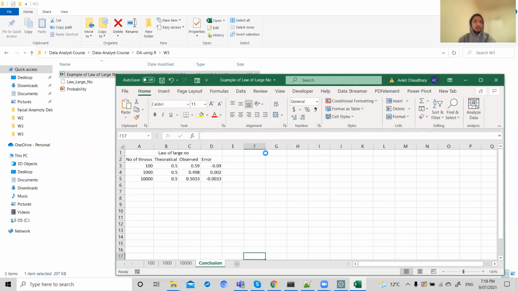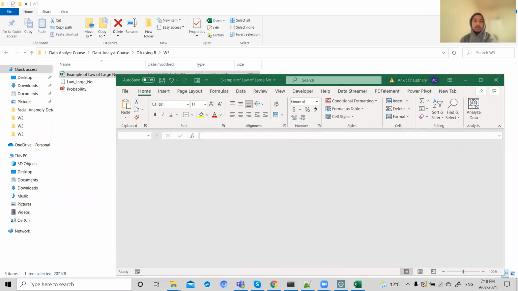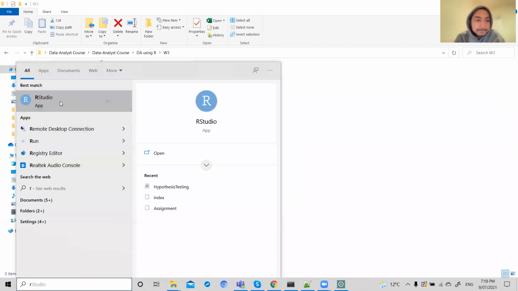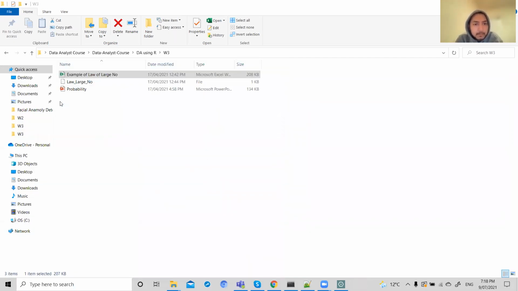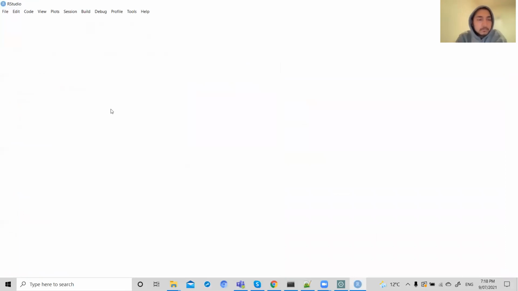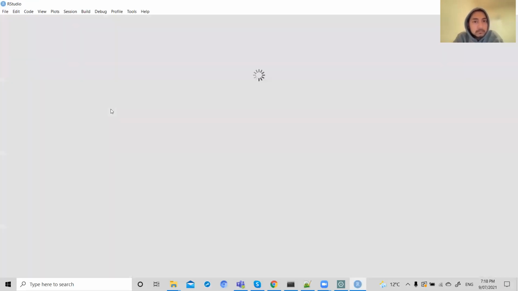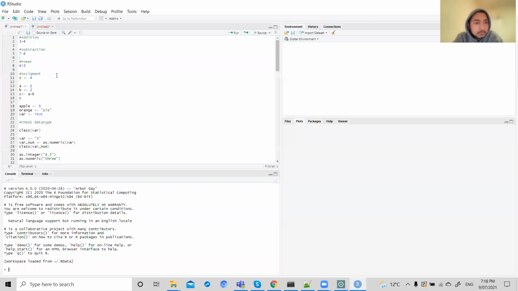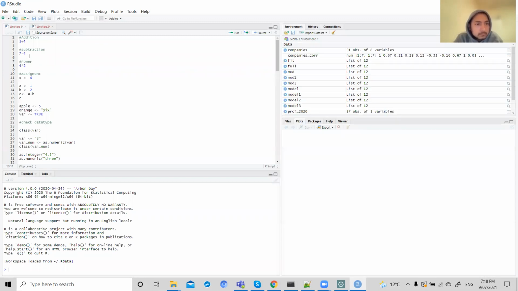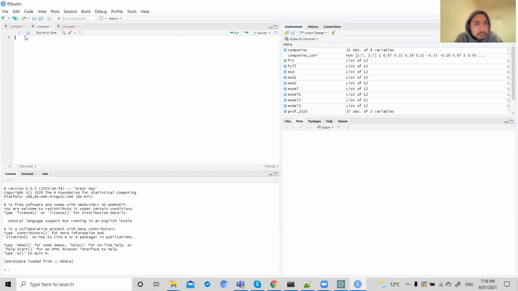This is making sense, right? So if we do it in R, let's say my number of samples is 100.